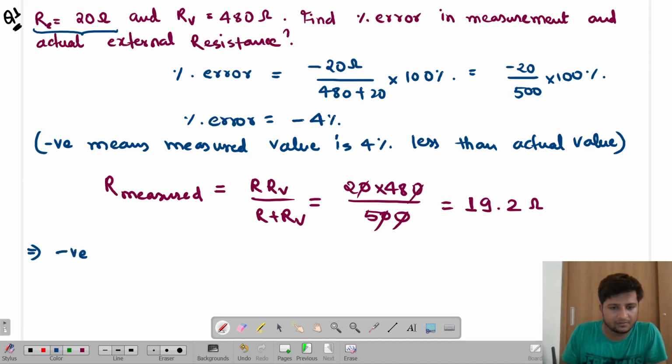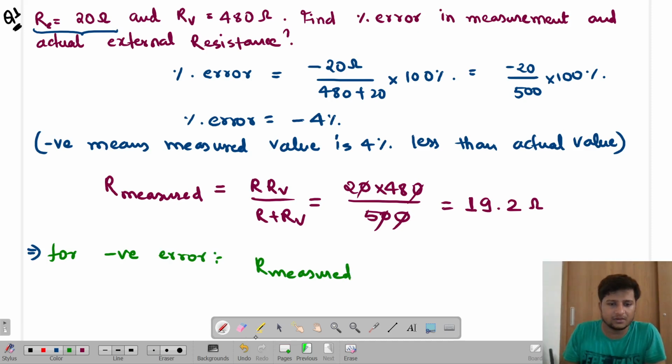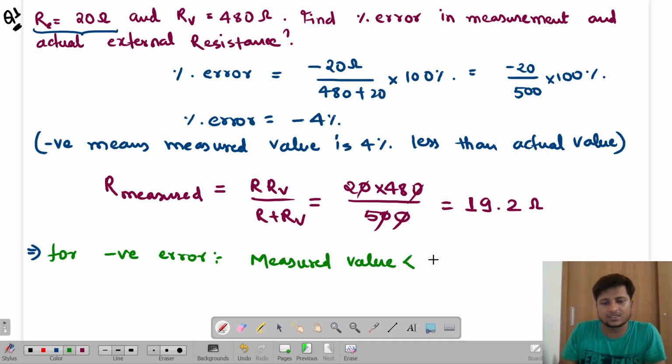So note this down: for negative error, what is the meaning? R measured, or anything measured, the value is less than the actual value.